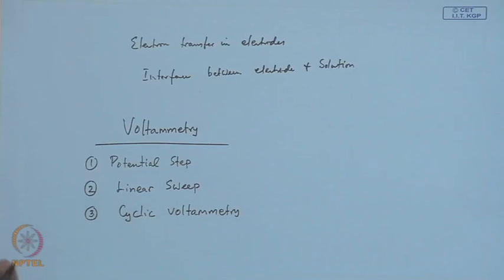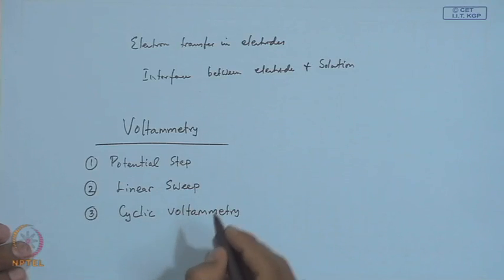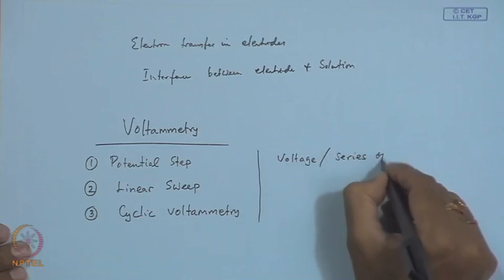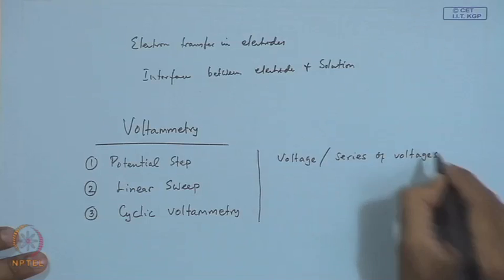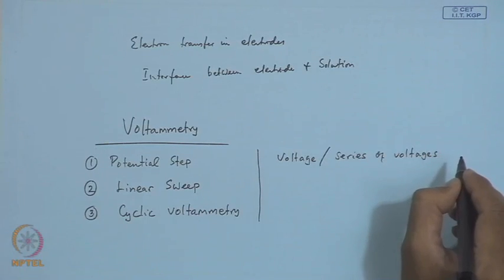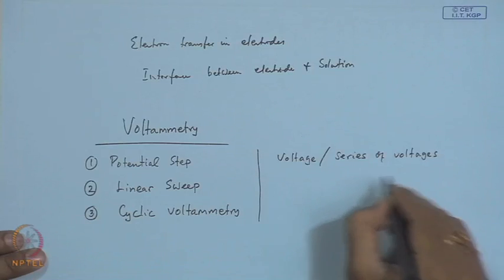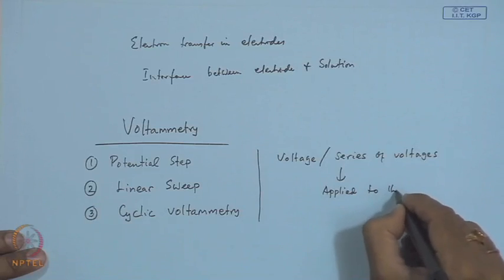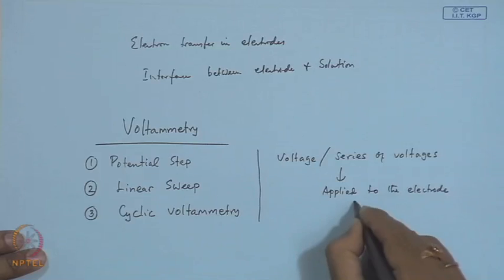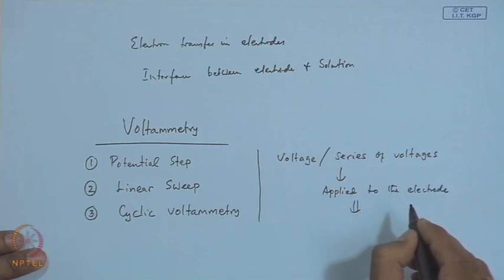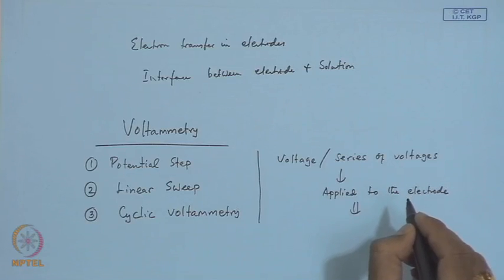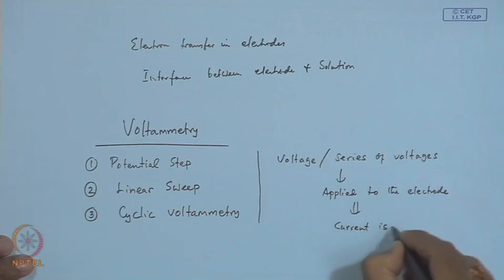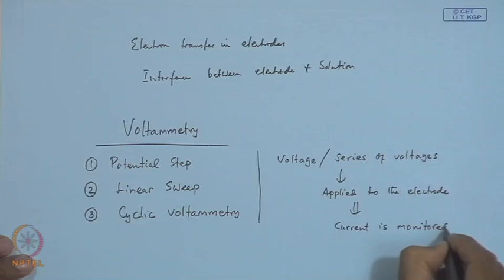For each of these cases, a voltage or a series of voltages is applied to the electrode, and the corresponding current that flows is monitored.